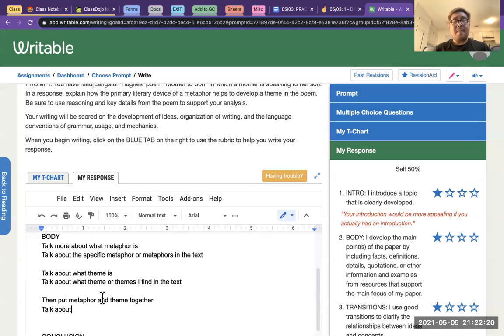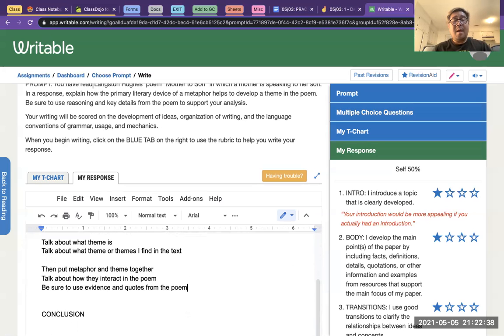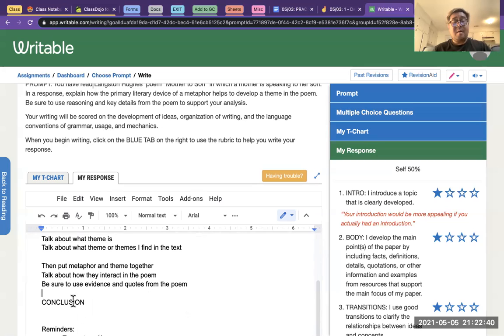Talk about how they interact in the poem. Be sure to use evidence and quotes from the poem. And that is that.